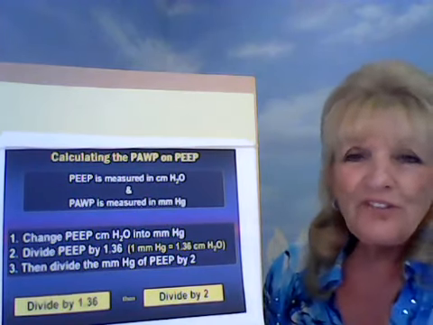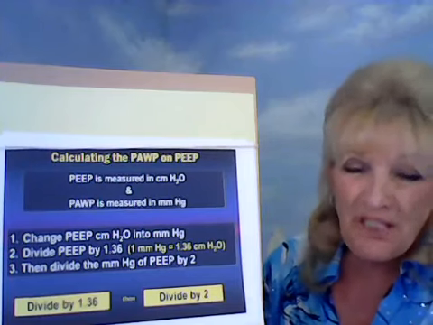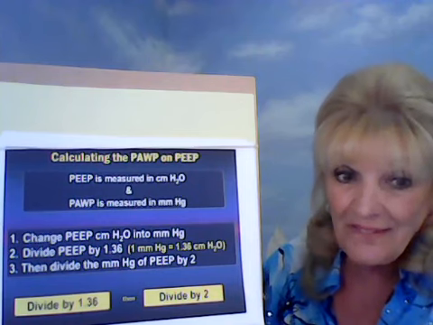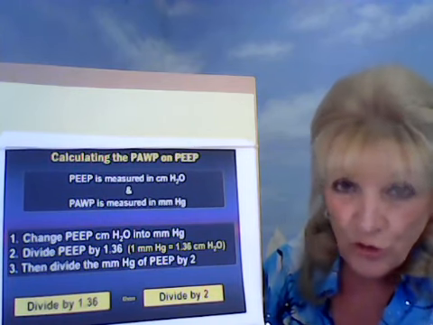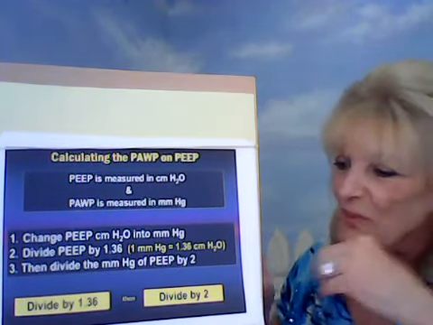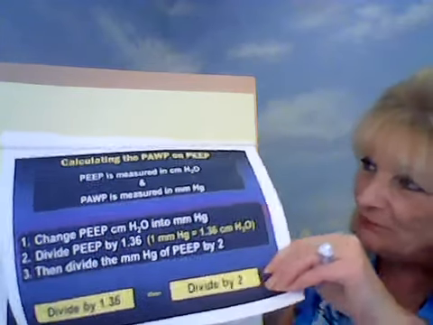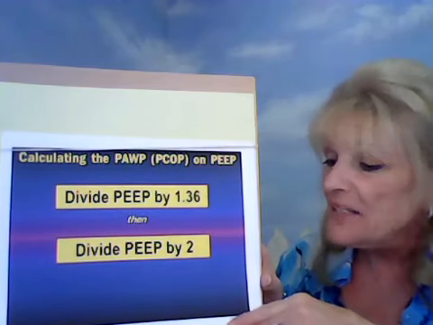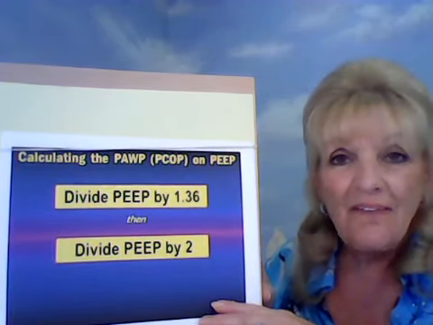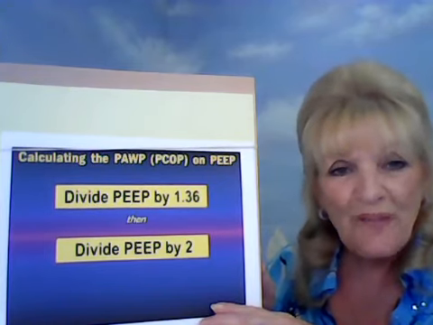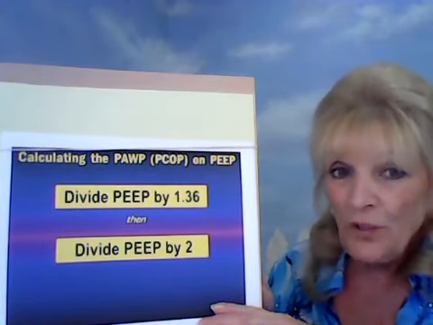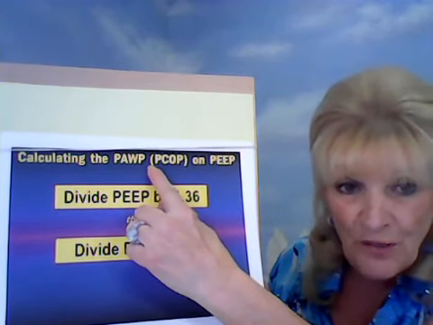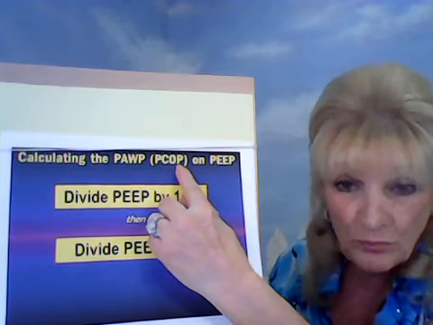So right now, we just need to know that we have to take the PEEP and divide it by 1.36, and then take that number and divide it by 2. And I'll show you what to do with it. Now on the exam, they don't use pulmonary artery wedge pressure. They use pulmonary capillary occlusion pressure.